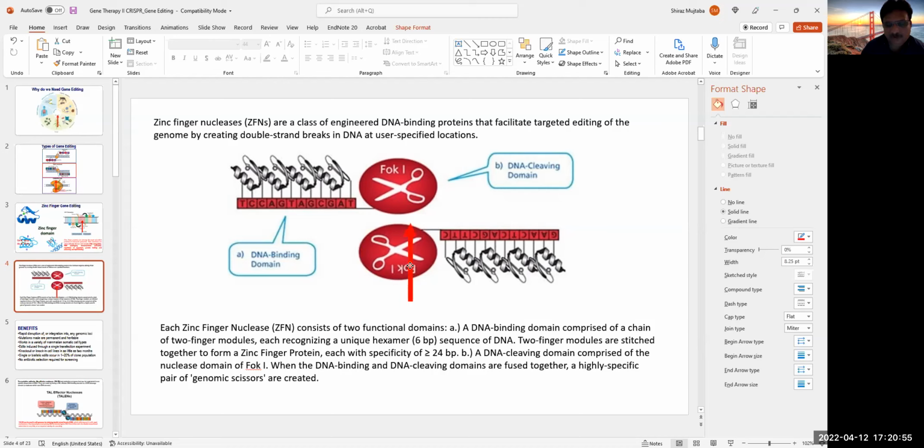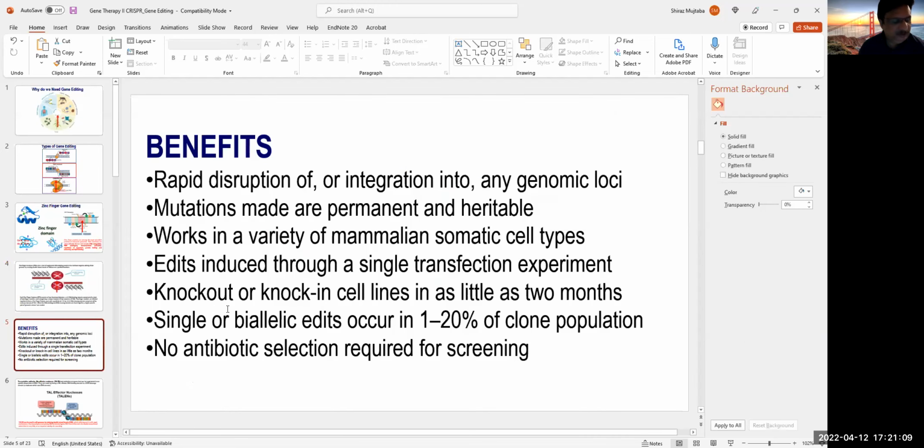So there are a lot of off-target effects, meaning that in addition to binding to the specific target, they also bind to non-specific targets. So it's very difficult at this stage to take it to a therapeutic level. So its benefits are very limited, in terms of the lab and generating mutations in the lab, but it may not be tried in a human system.